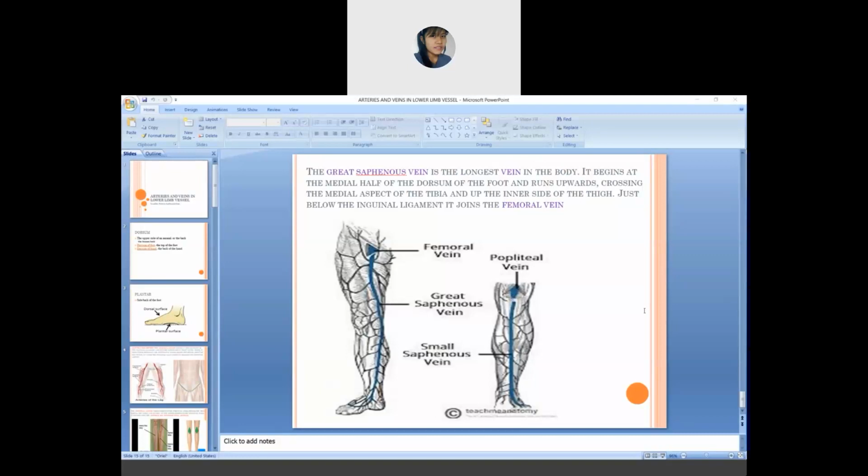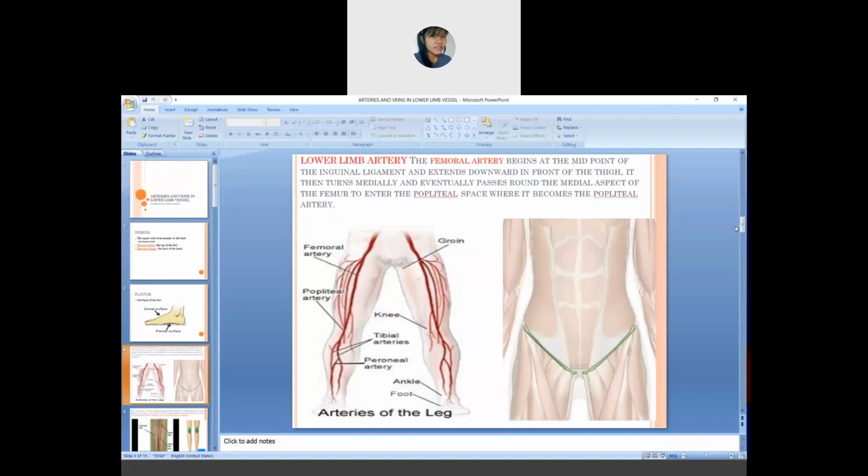Please write in the chat box. Inguinal. Okay, good, yes, it's correct. So this is the inguinal ligament. It begins from here, the femoral artery.